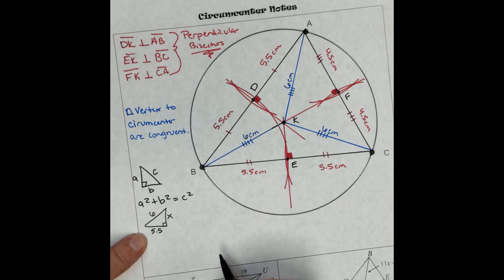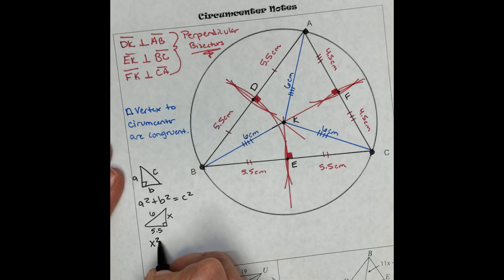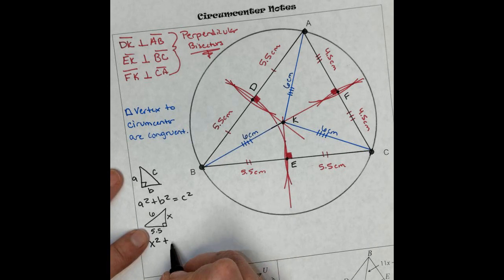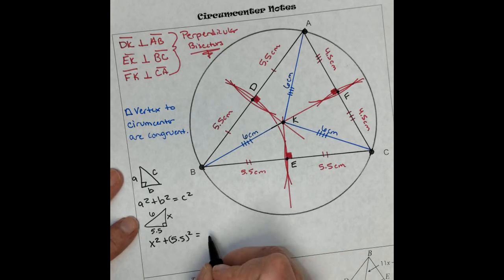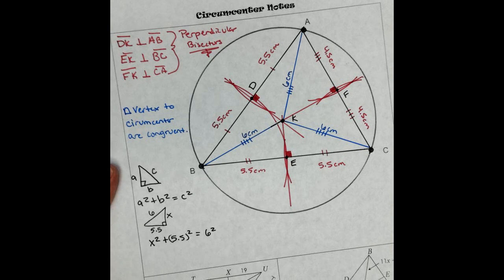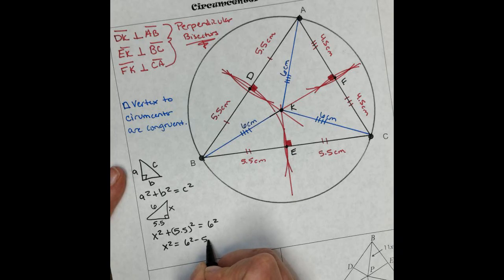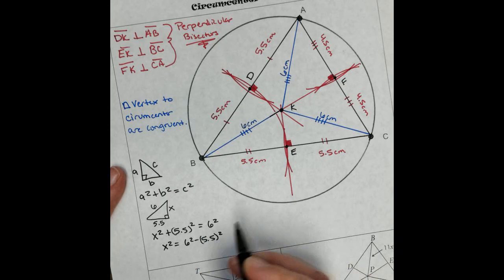So A can be x, so I've got x squared plus my other side length, 5.5 squared, is equal to 6 squared. So then using math, because I want to get x by itself, I've got x squared is equal to 6 squared minus 5.5 squared.